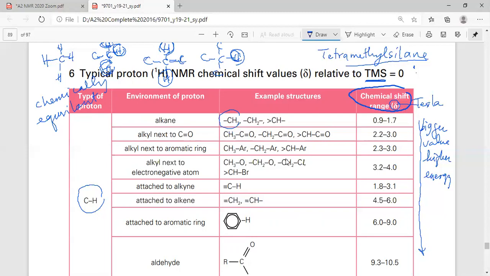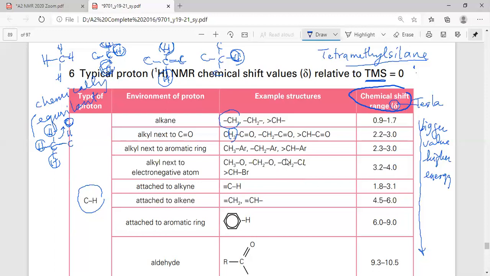In this case, the CH3 and the C double bond O, these three hydrogens are also chemically equivalent, with the same kind of neighbors. But this is oxygen, and oxygen is electron withdrawing, so it will affect the chemical shift.